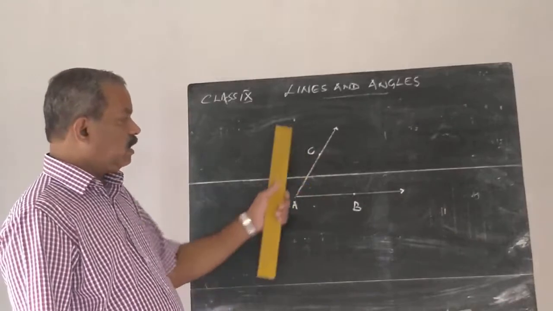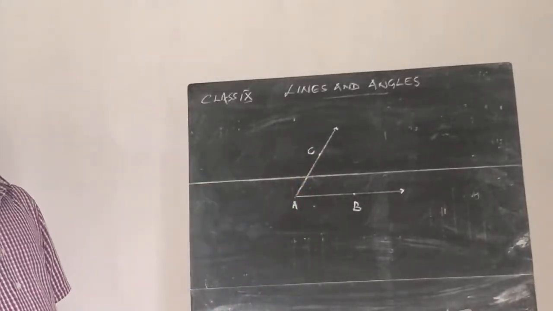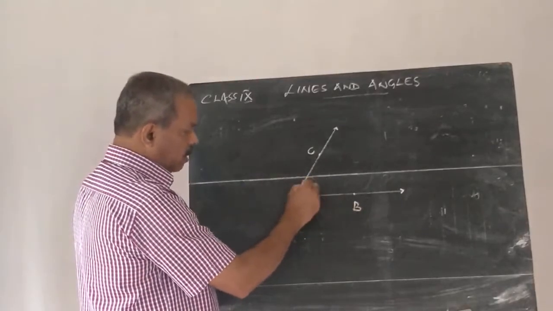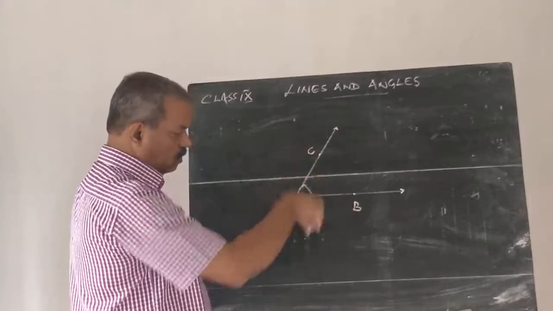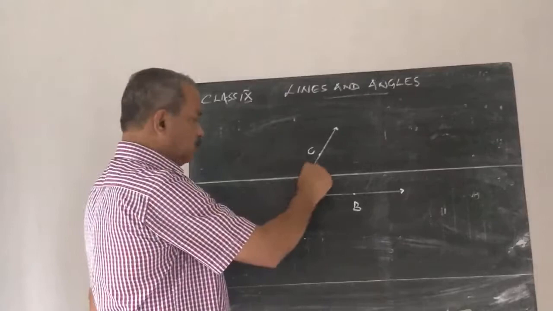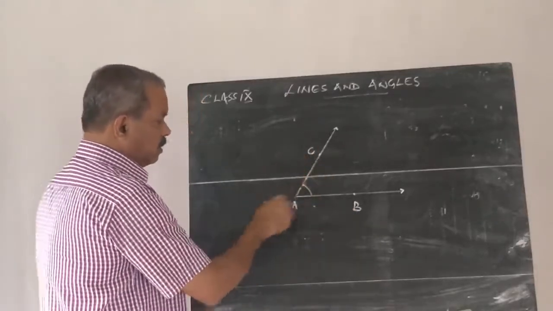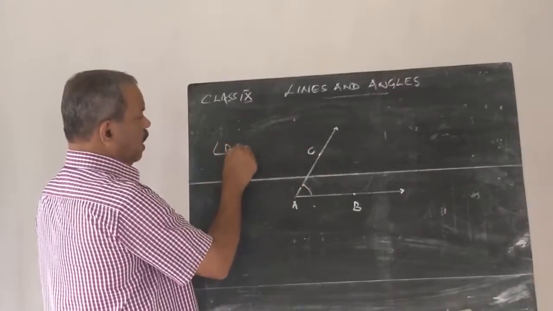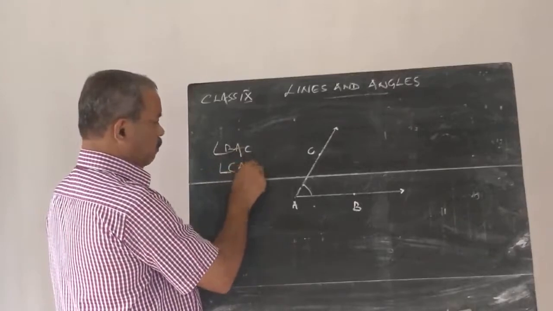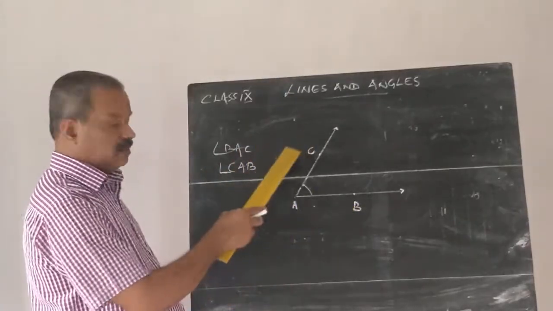Ray AB and ray AC with a common endpoint make an angle, either this way or in the reverse way. We can say that BAC is an angle, and we can write it as angle BAC, or angle CAB. See the order: BAC, CAB.